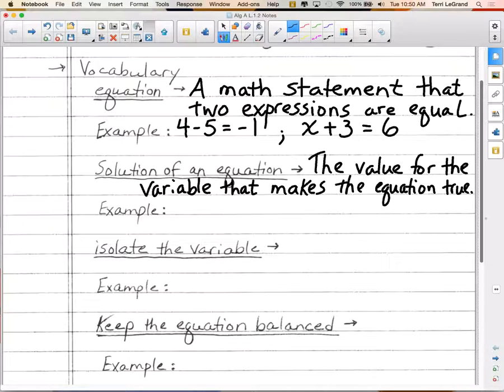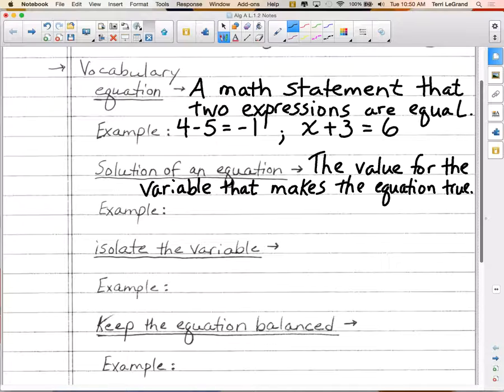So in other words, if the equation has a variable in it somewhere, we're trying to figure out what value, when it's substituted back in there, would still hold the equality, would still be a true statement.